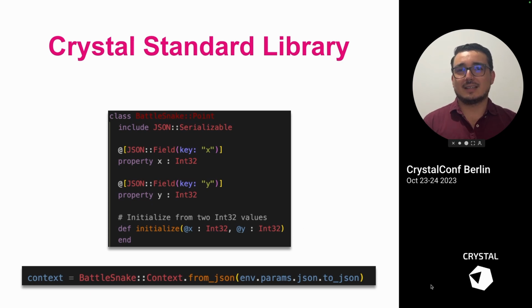This is something that almost any project with a web server will have to use, and it gives you a bunch of helper methods. For example, on the bottom, you can create a Battlesnake context from a JSON payload just by including the JSON serializable module and adding some annotations for the fields that you want to populate.